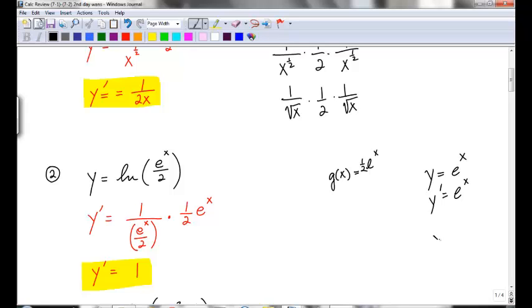If I said y equals e to the 5x, derivative of that is e to the 5x times the derivative of that exponent. So it'd be 5e to the 5x. Then on this you just simplify that out, and you end up with 1.